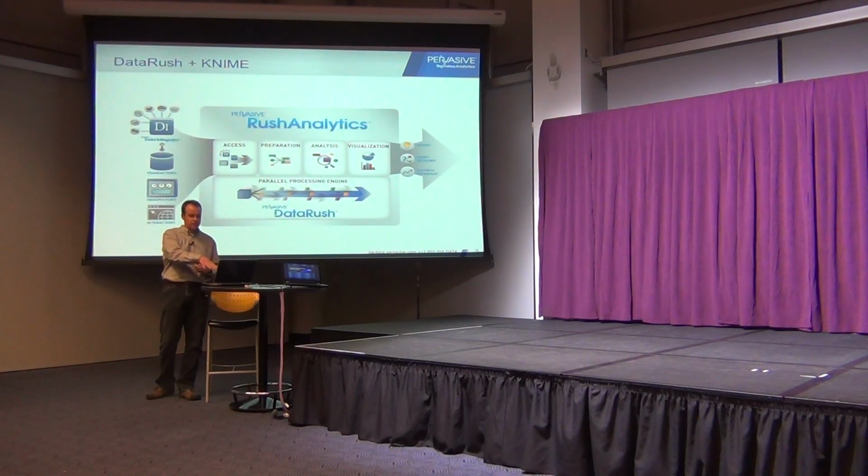And then when you add the DataRush engine in there, it becomes very fast and very scalable. And then we can also integrate that with Hadoop, so that allows you to use this visual workbench within a cluster, run this from your desktop, and do drag and drop design of your workflows.